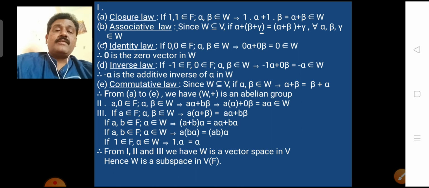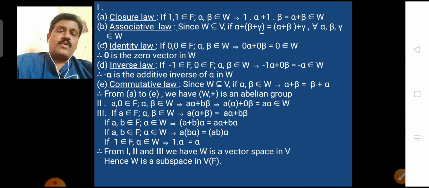For that, in one we have to prove W plus is an abelian group. That is closure law, associative law, identity law, inverse law, commutative law. These 5 laws must hold.